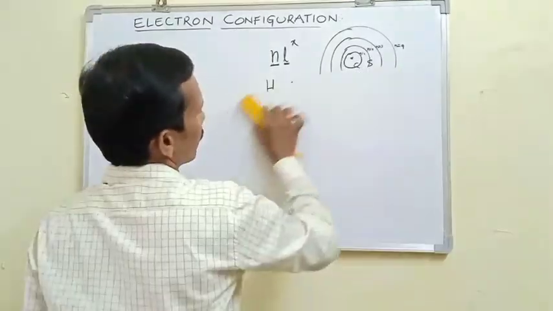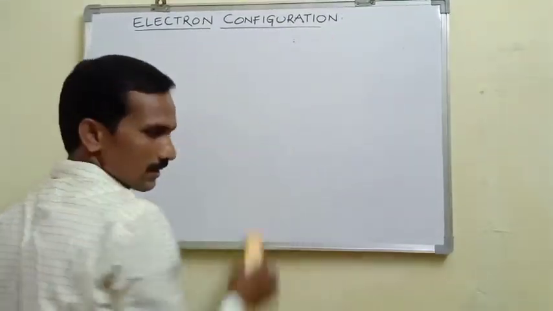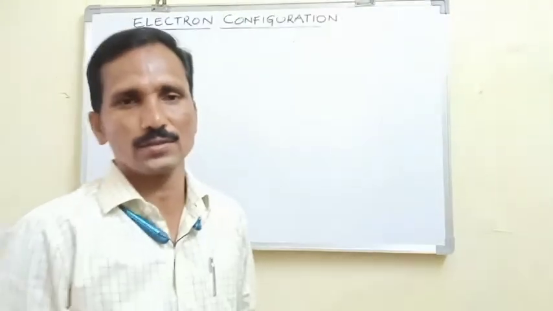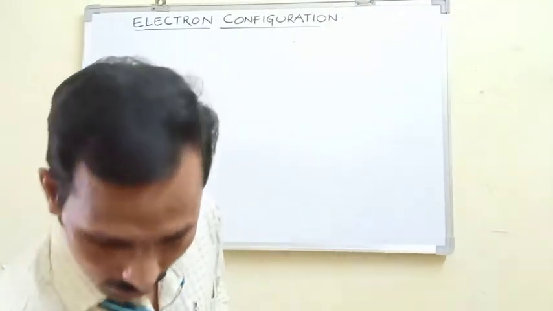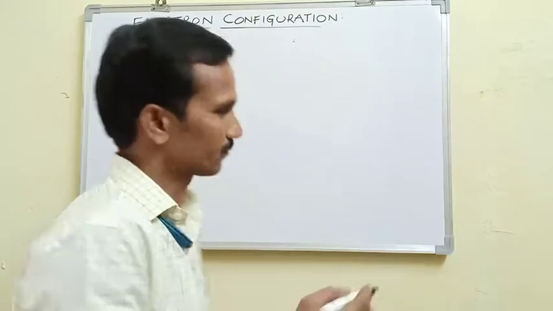So how can we fill up electrons in shells and subshells? To fill the electrons in shells, subshells and orbitals, there are 3 rules.